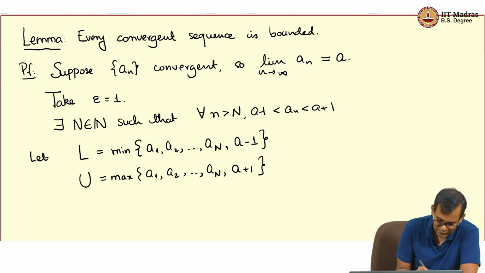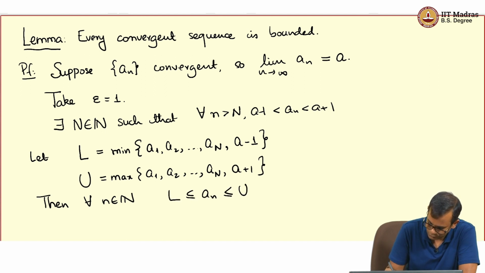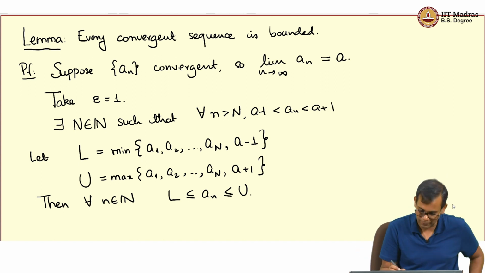Then what we have is, for all n in N, L is less than or equal to a_n is less than or equal to U. This is certainly true of the first capital N terms, because for L we have taken something that is less than or equal to all those numbers, and on the other side the first capital N terms are less than or equal to U, because we have taken the maximum of a_1 to a_N and something that could be even bigger.